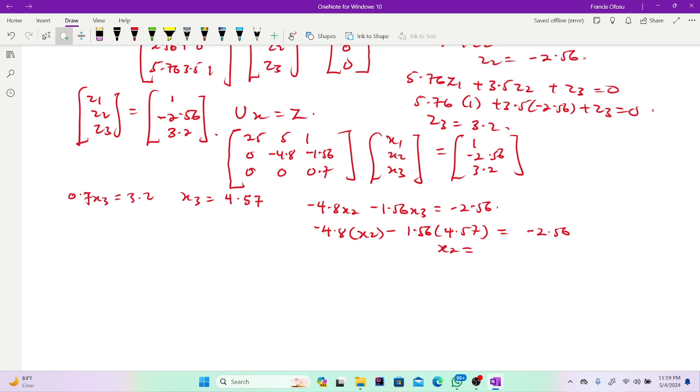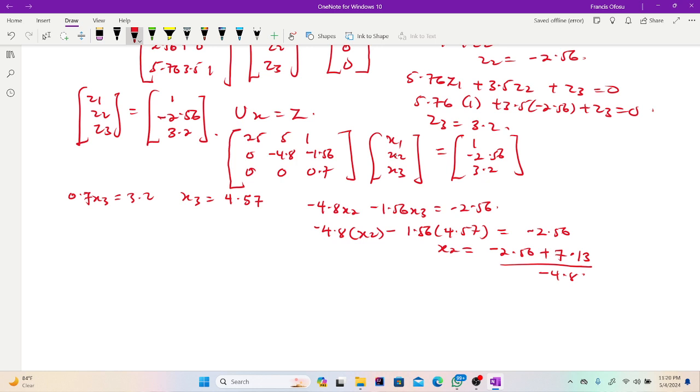So when I find my x2, I'll simply have negative 2.56, then I'll add 1.56 times 4.57, which is plus 7.13, all over negative 4.8.